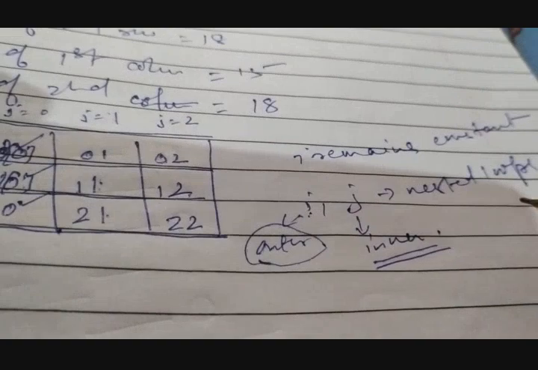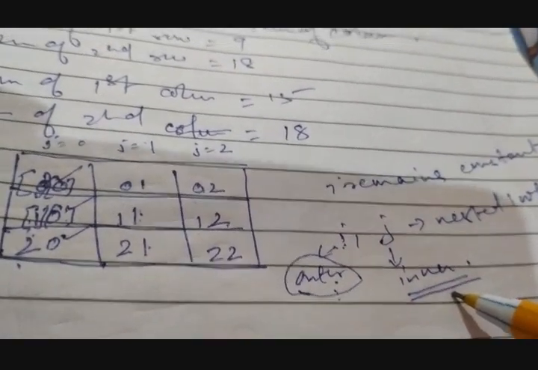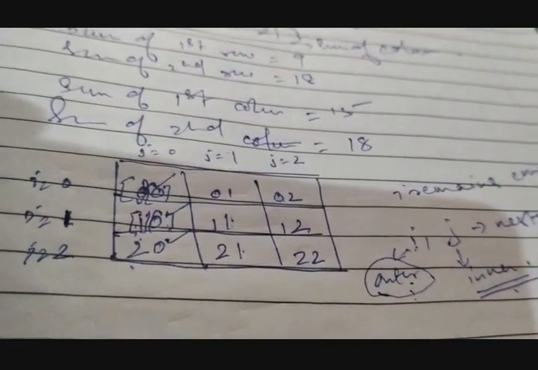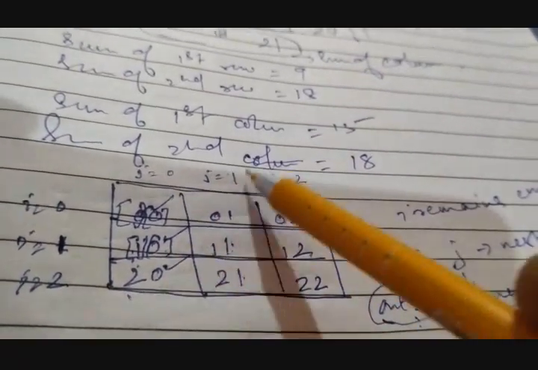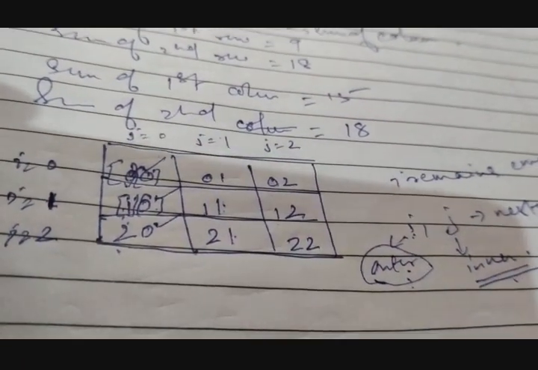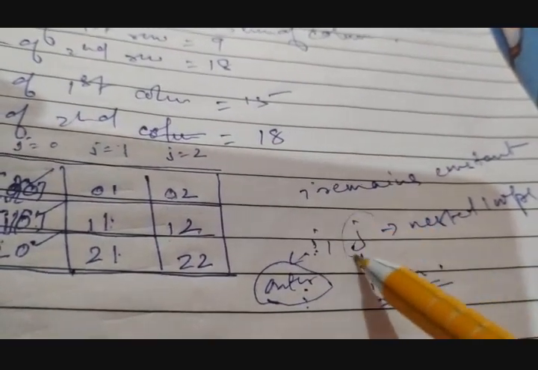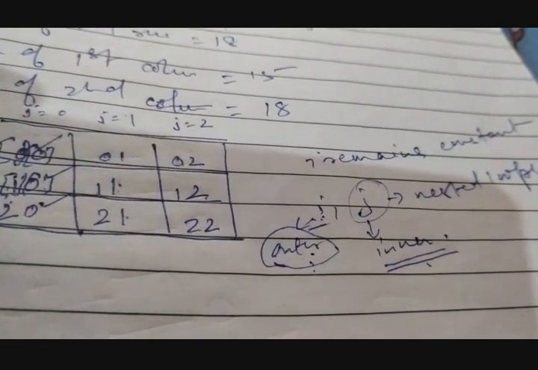So here i becomes constant and j changes. So finding the sum of rows becomes easy for us. Now when we need to find the sum of columns, what do we need to do? Reverse it. We need to keep j constant and i continuously changing.